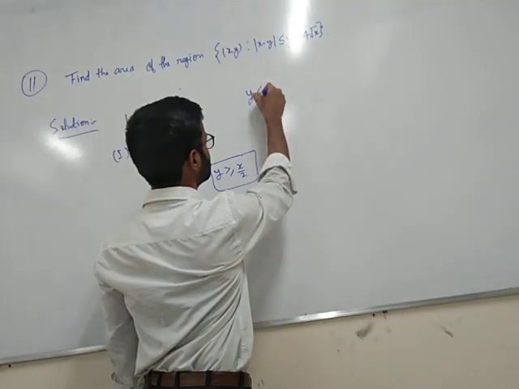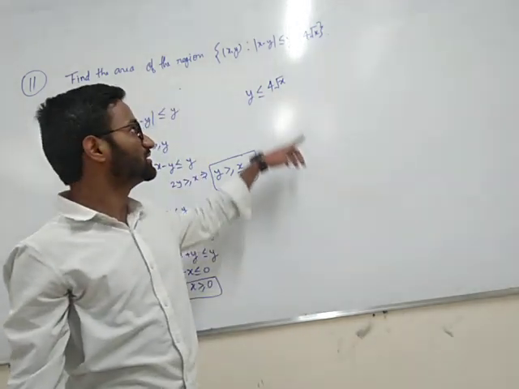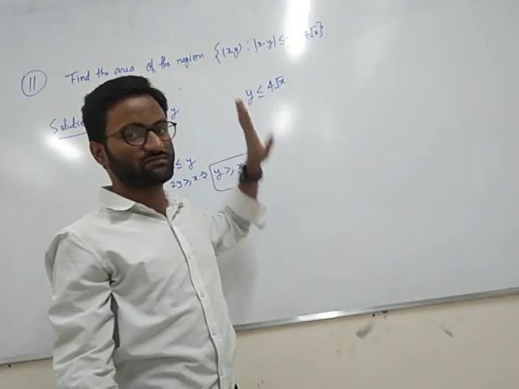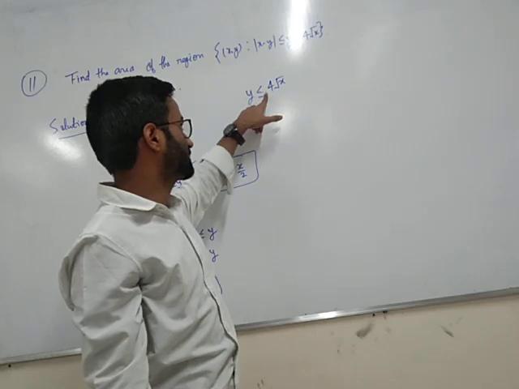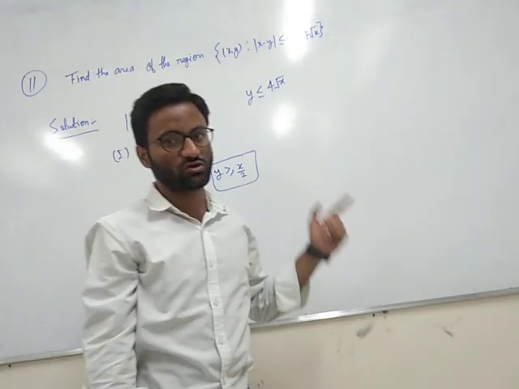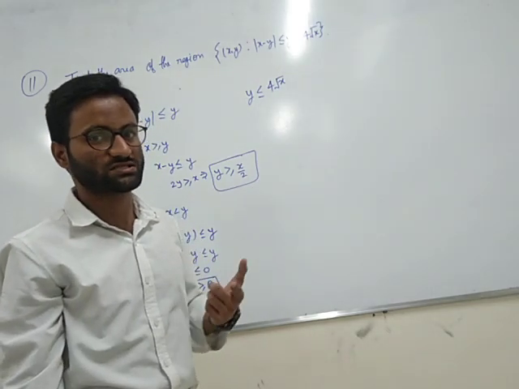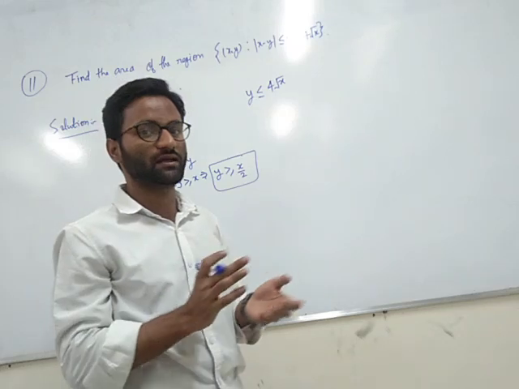So y is less than or equal to 4 root x. If you observe these inequalities, sometimes you forget the inequality. Consider y is equal to 4 root x. So if you square both sides, you get y square is equal to 16x, and this is a parabola.